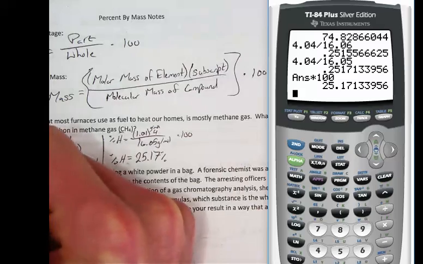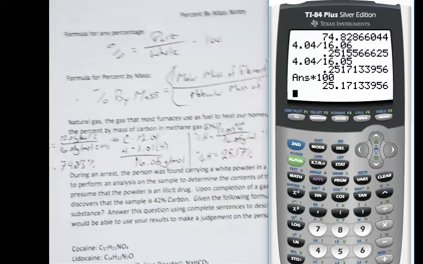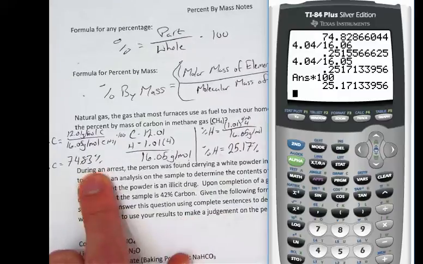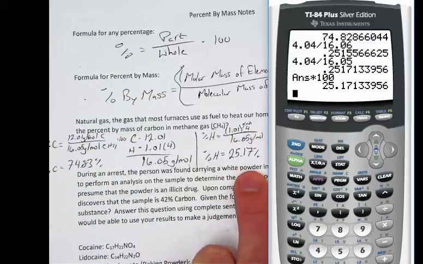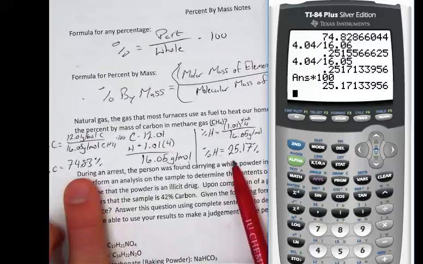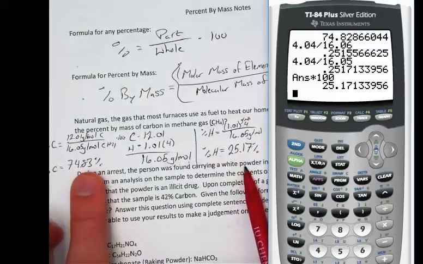Now, the reason we calculated these separately was so that we can double check our work and make sure that they all add up to 100. 74.83 plus 25.17 equals a perfect 100, so that means that we did our work correctly. The reason I calculate these separately is just in case I goof up on this problem.